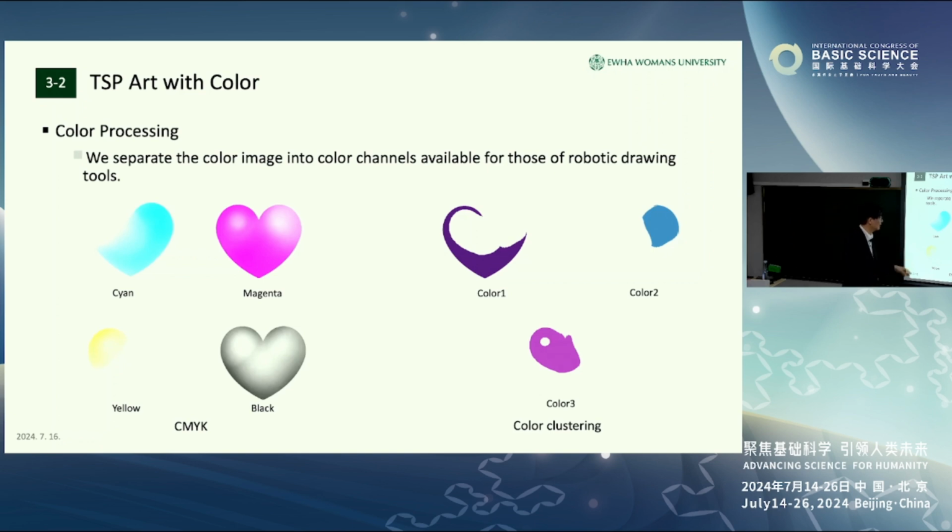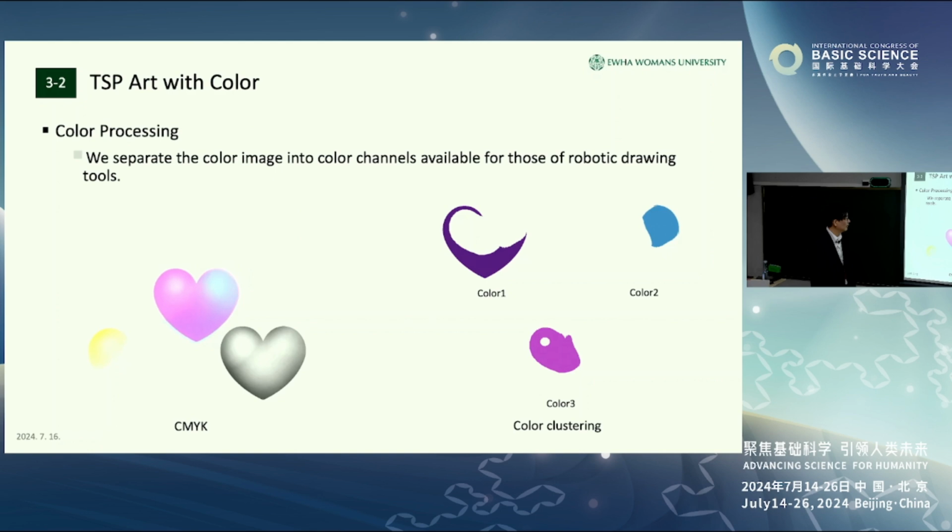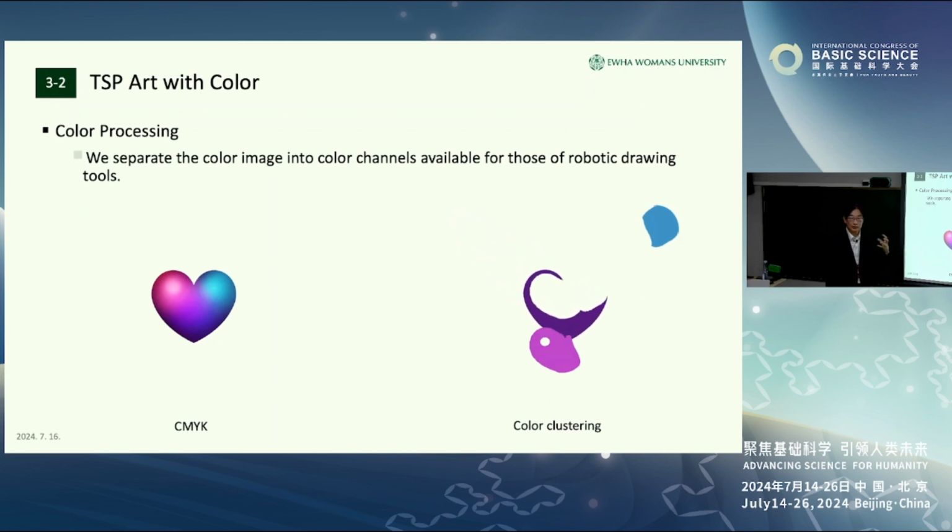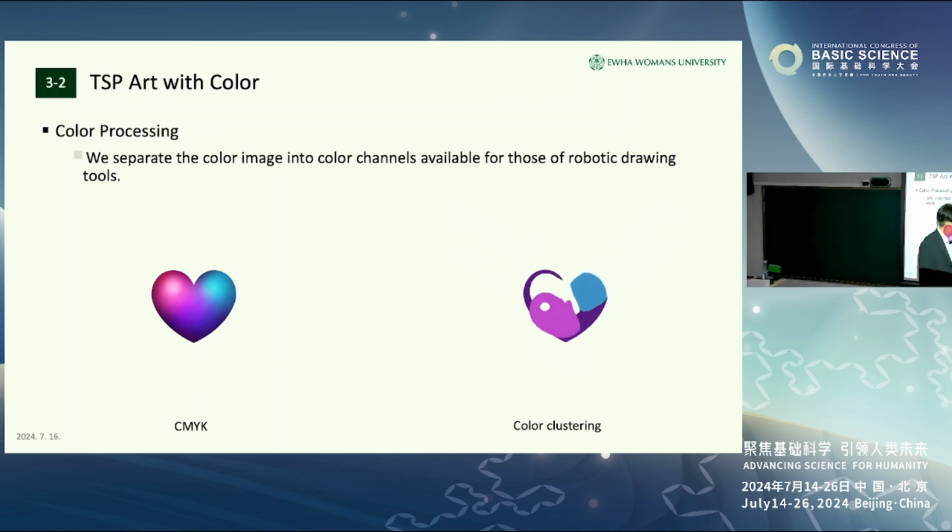Regardless of the color space used by the original input, we can just choose CMYK to approximate the original color space. That's one way. The other way is to use color clustering to optimally find the representative colors of the original input images. We use both.